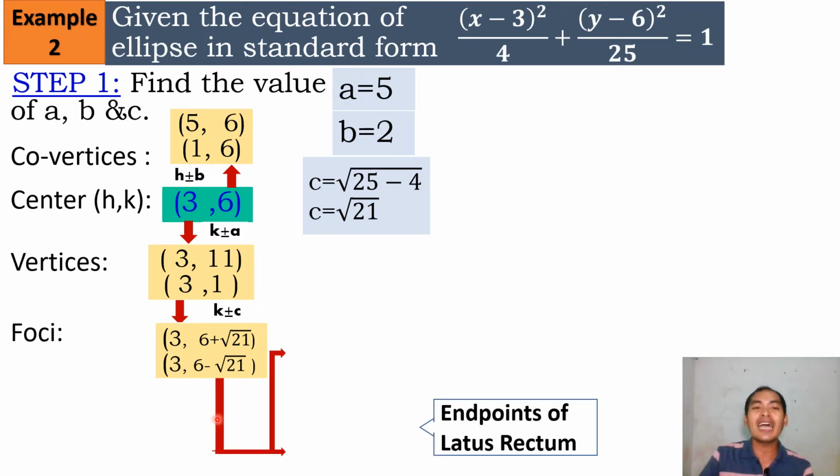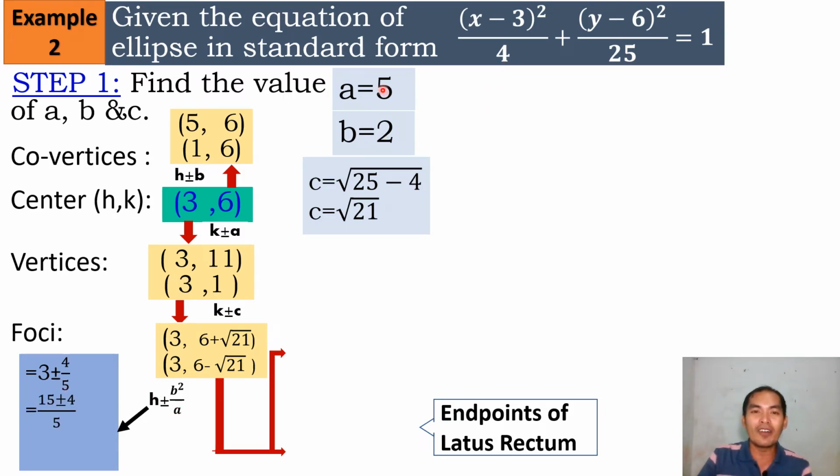Okay? Then, how about for the x value? We have the formula to get the x value of the endpoints of the latus rectum. Laging b squared over a at katumbas niya yung h. So, we have h plus or minus b squared over a. We have the computation here. So, we have our h is 3 plus or minus b squared is 4 over 5.